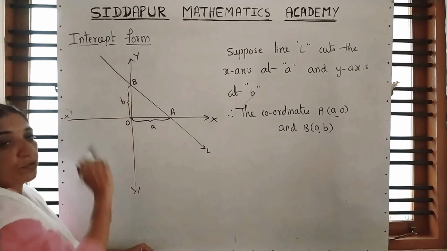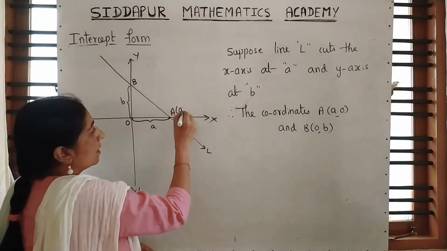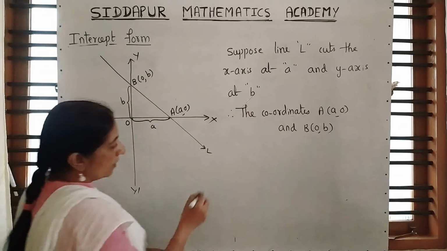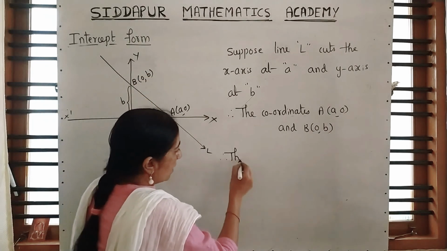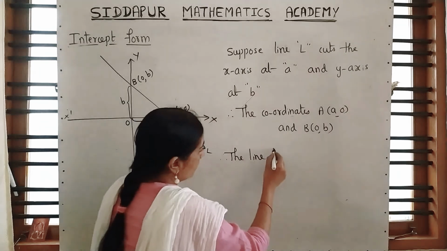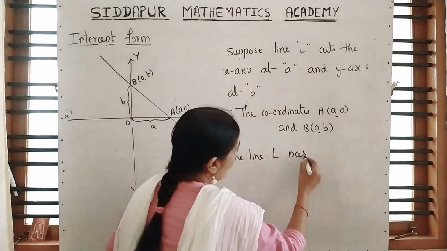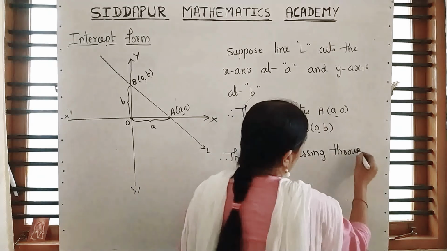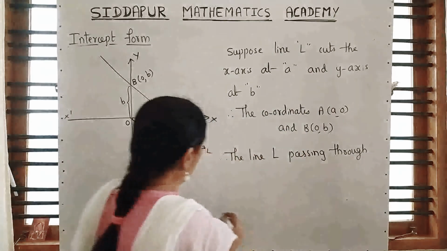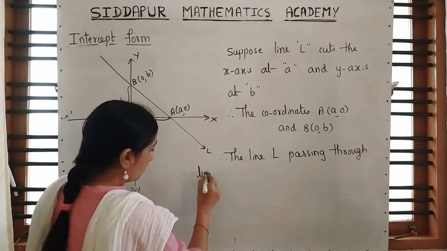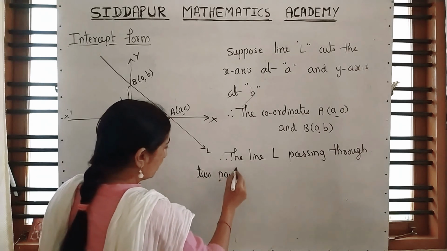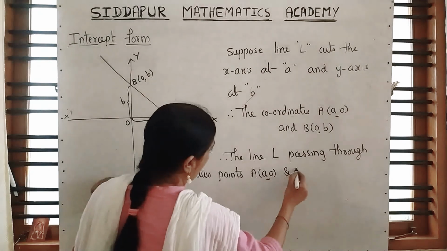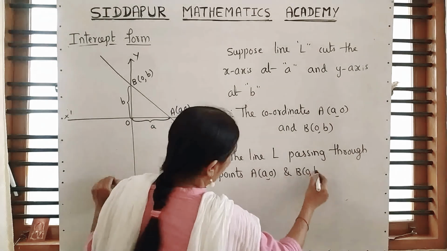Now what you are observing? The line L is passing through the points A and B. Therefore, the line L is passing through 2 points, A (a, 0) and B (0, b).